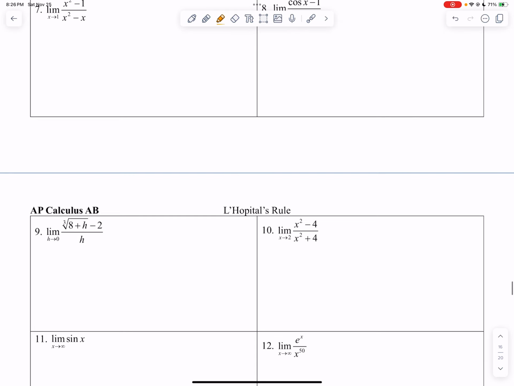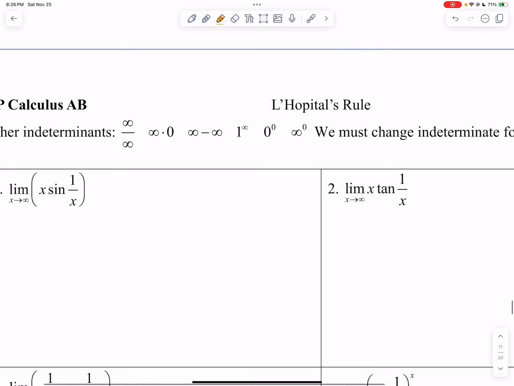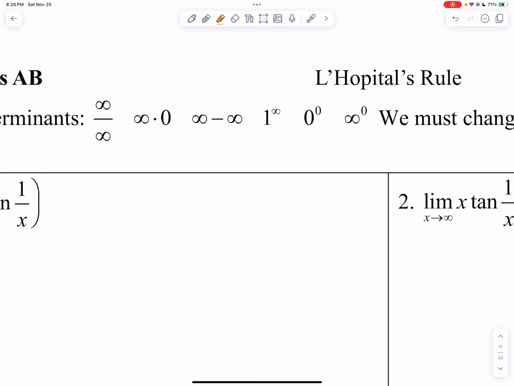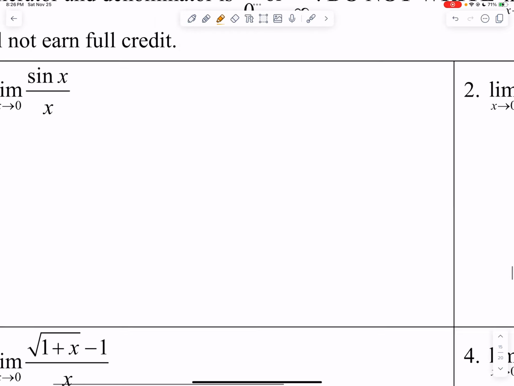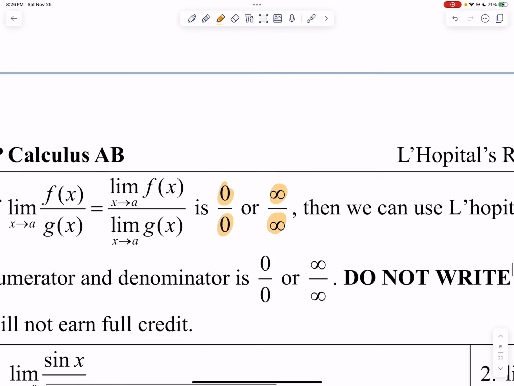We'll also see later on, it could be either infinity times 0, infinity minus infinity, 1 to the infinity, 0 to the 0 power, infinity to the 0 power. But in this video, we will only focus on 0 over 0 and infinity over infinity.